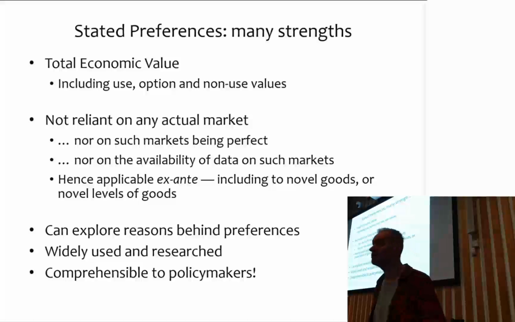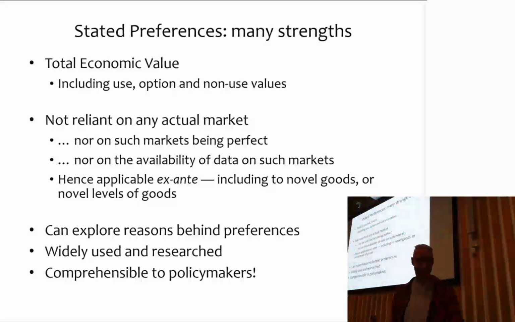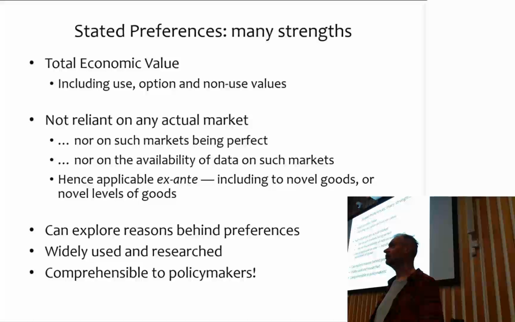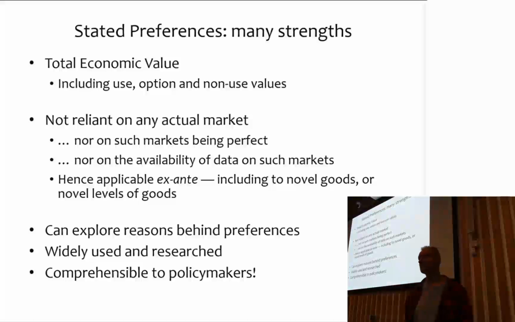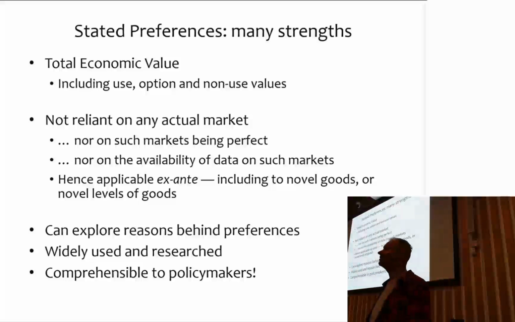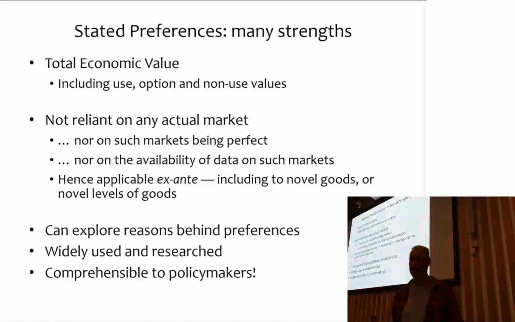So you can use it to value bequest, option values, existence values, indirect use values, and so on and so forth. Whereas the revealed preferences, hedonic pricing, travel cost, are basically limited to direct use values, either consumptive or non-consumptive. Stated preference methods can be used for anything.